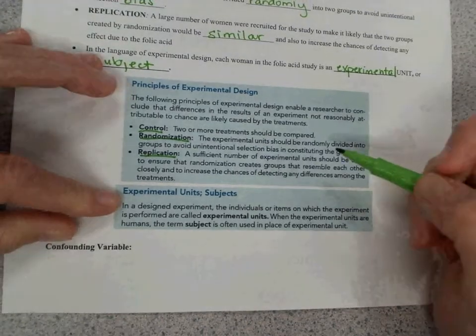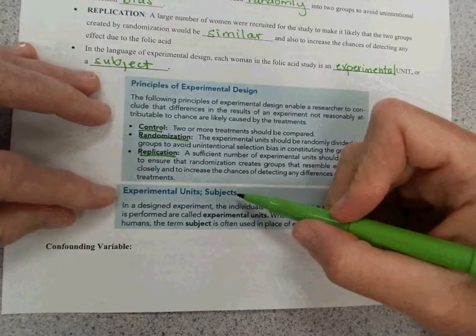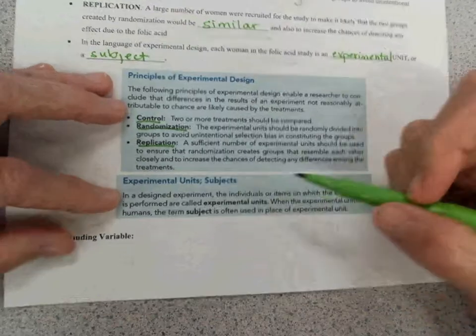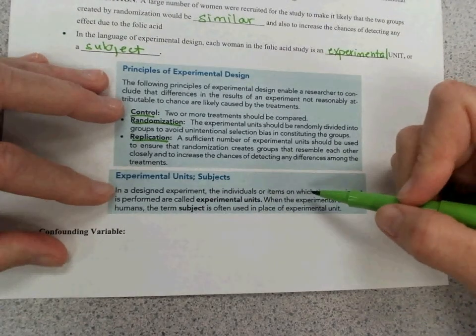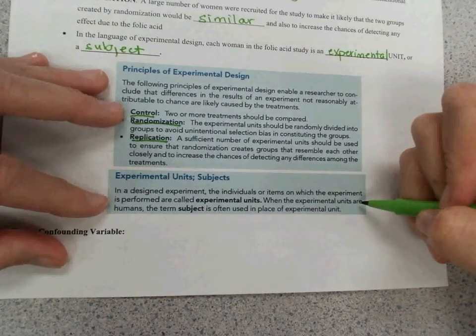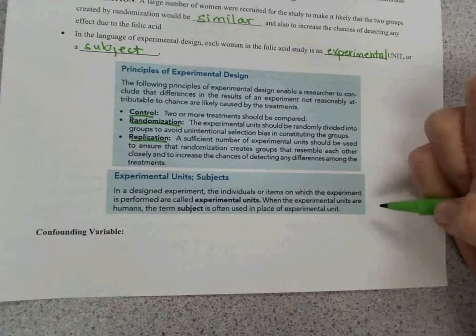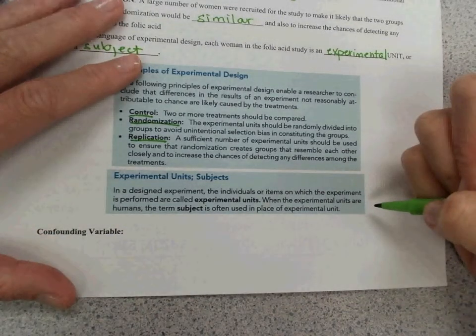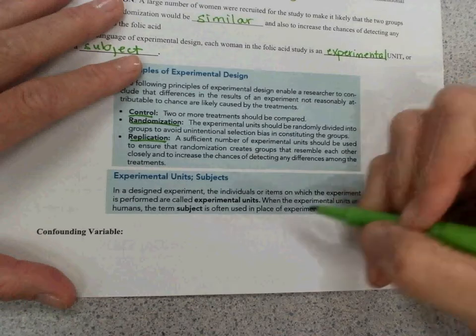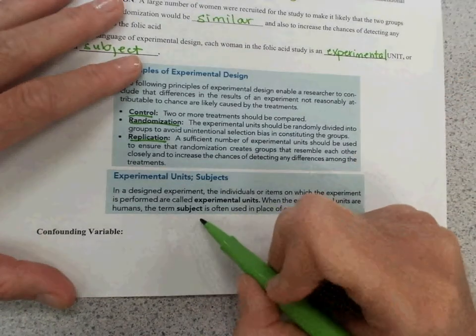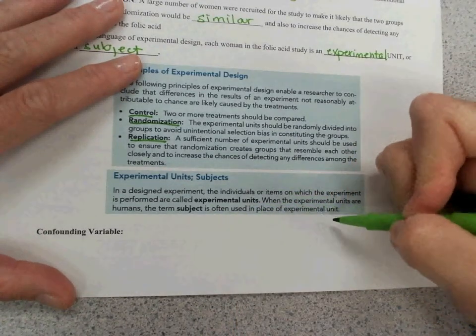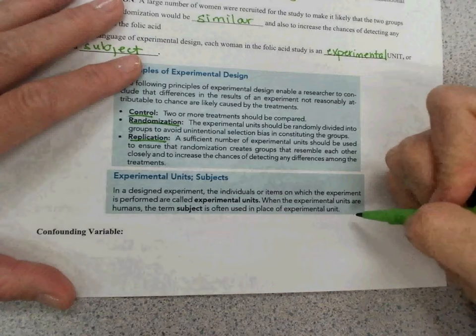And then we have these terms that we just referenced, experimental units or subjects. In a designed experiment, the individuals or items on which the experiment is performed are called experimental units. When the experimental units are humans, the term subject is often used in place of experimental unit.